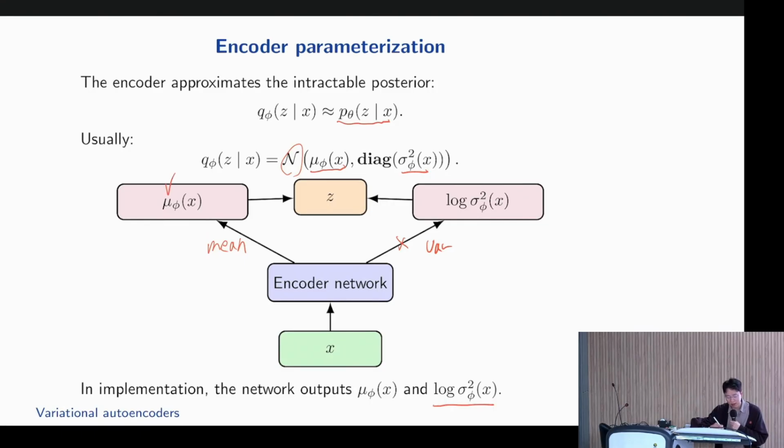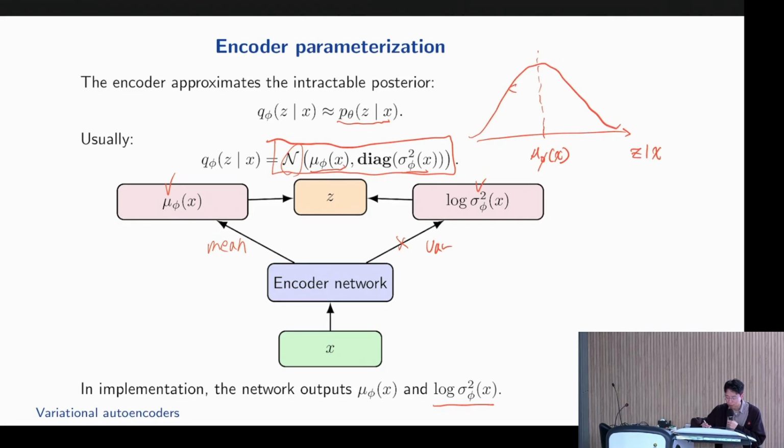If we have the mean and the variance, like the equation here, this completely defines the distribution, which we can then sample. So this is the distribution on z given x, where the mean parameter is a function of x, and the variance parameter is also a function of x, from which we can sample the z's.